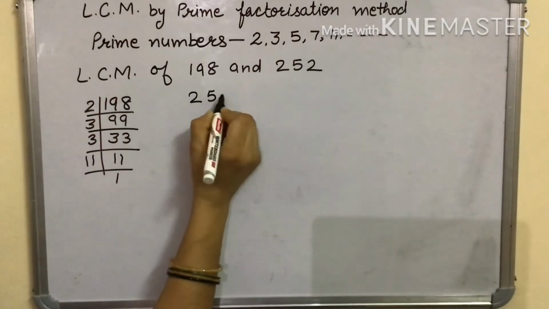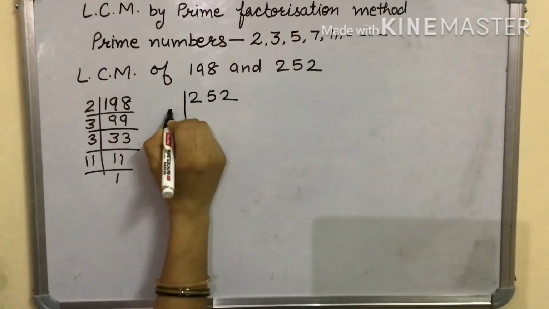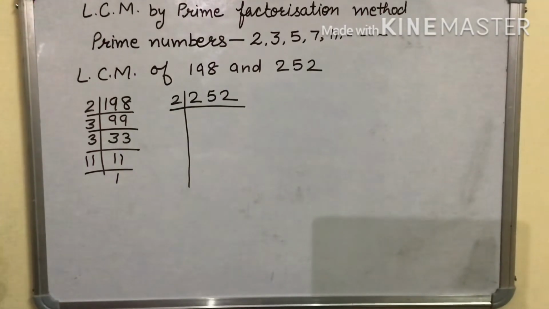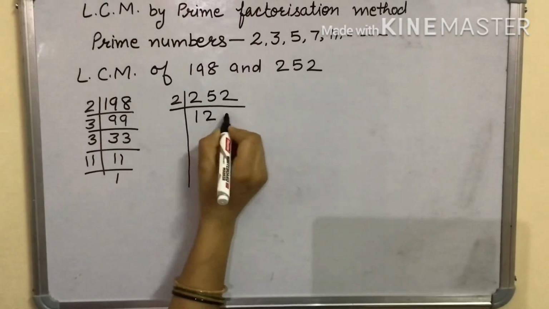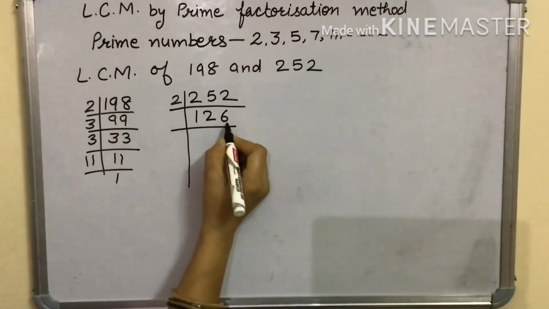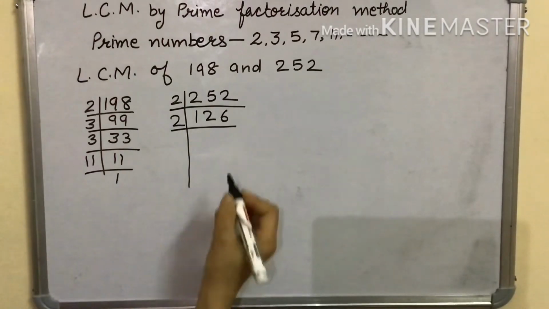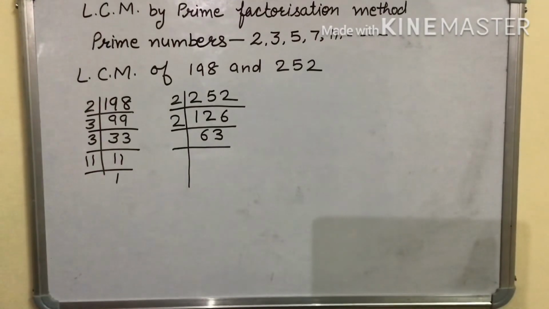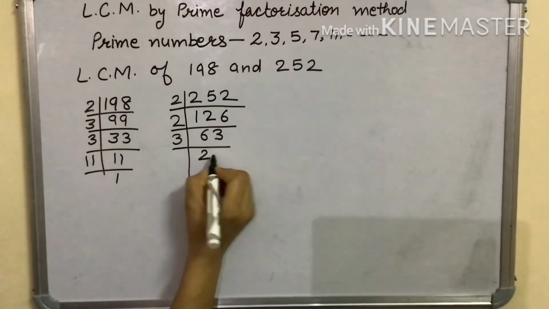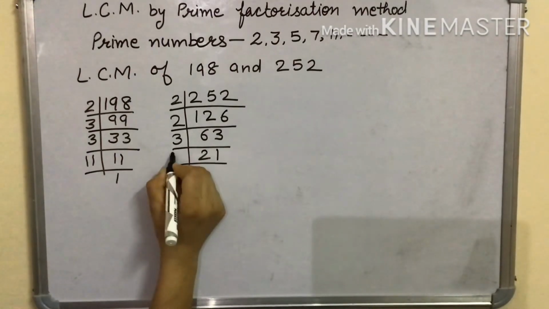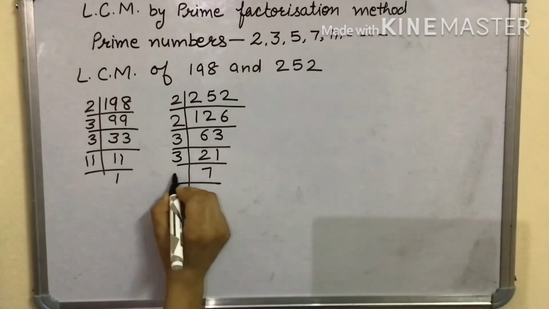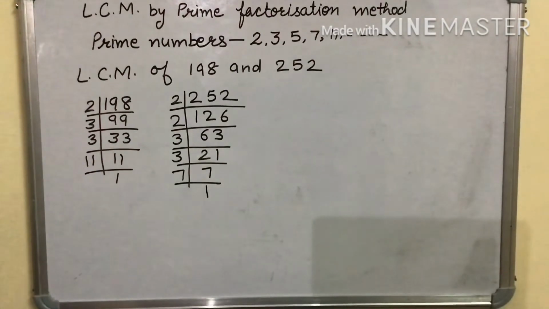Similarly, factorize 252. This is even number, so divisible by 2. We will divide by 2, then we get 126. It is also even number, so divide by 2, then we get 63. Now 63 is divisible by 3, so we will take 3 here, and 21 is also divisible by 3, then we get 7, and 7 is divisible by 7.